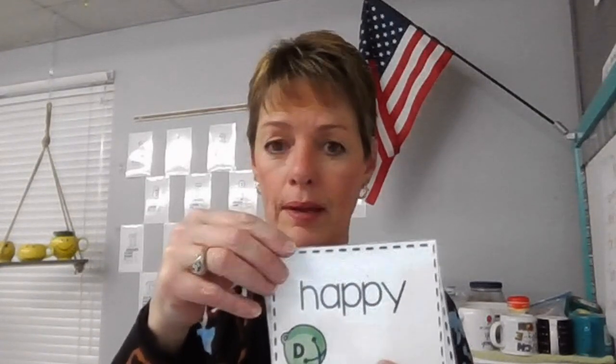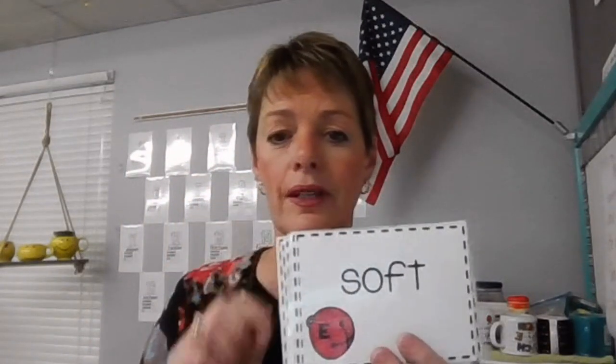Pause me, write them down. I'm going on. Number 5, E, soft. Which one of those bells mean the same as soft? Pause me, write it down. F, look. Which one of those bells mean the same as look?